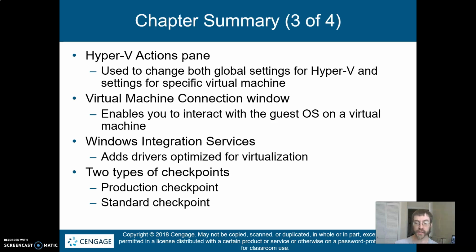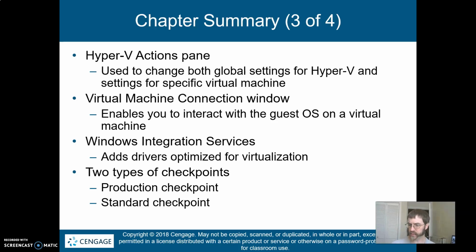You do have two different kinds of checkpoints, which are the equivalent of snapshots. The production checkpoint and the standard. Okay, so I just wanted to make sure I was quite certain of the definitions of these two things. A standard checkpoint saves both the memory and the disk state of the VM at a given moment in time.